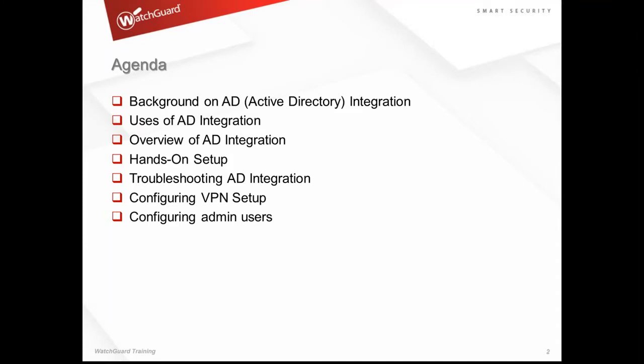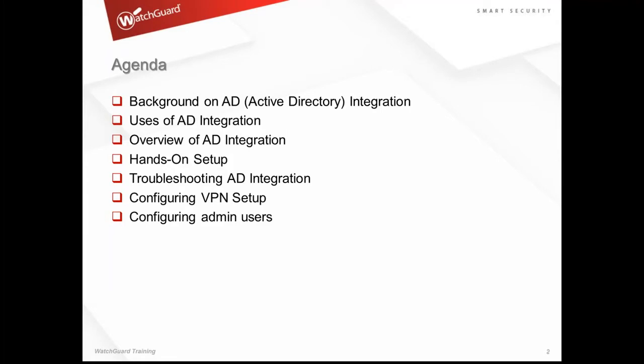So the agenda for today is the background on Active Directory, or AD, integration. We're going to talk about some of the uses of that Active Directory integration: using it for SSL, using it for policies, and using it for administration management.